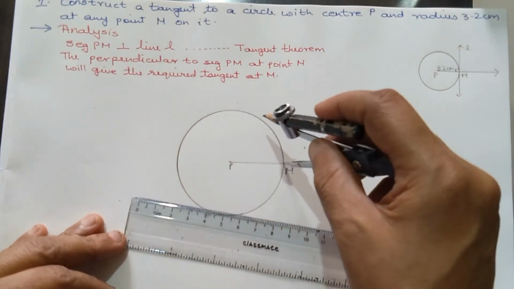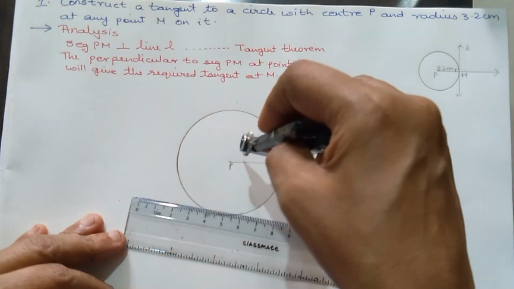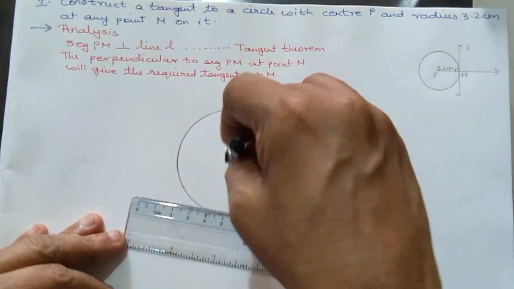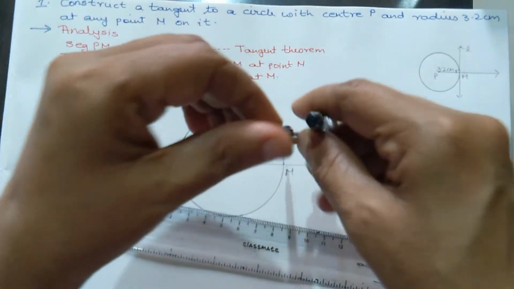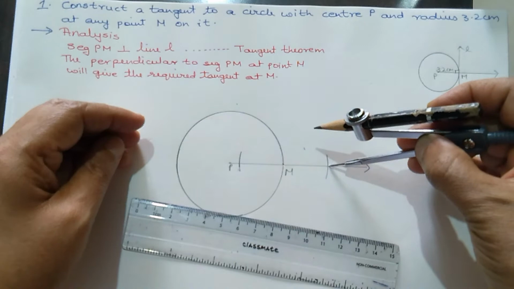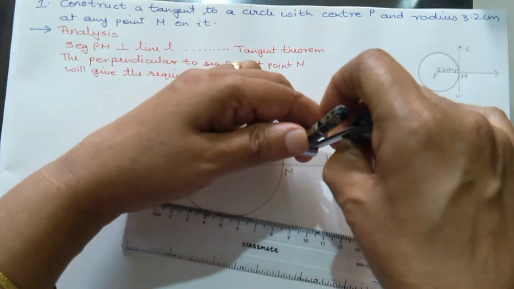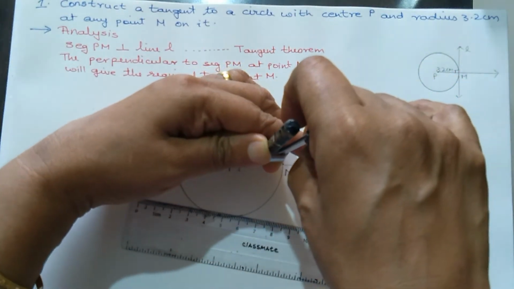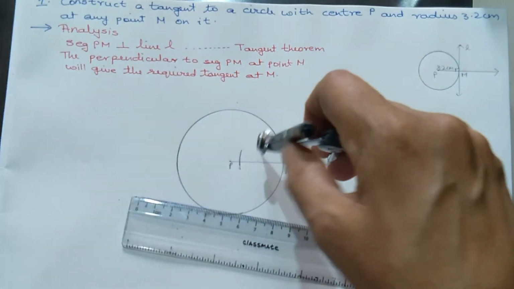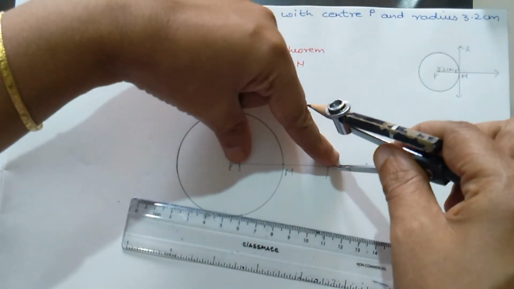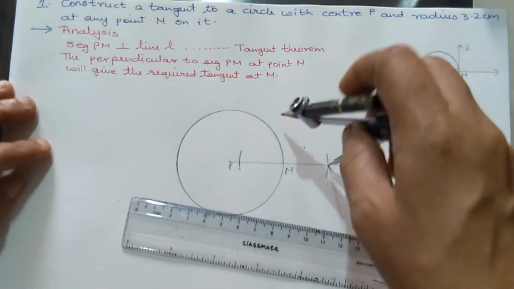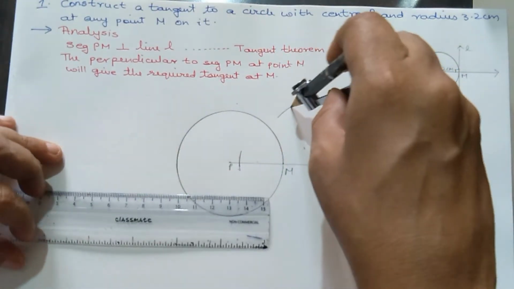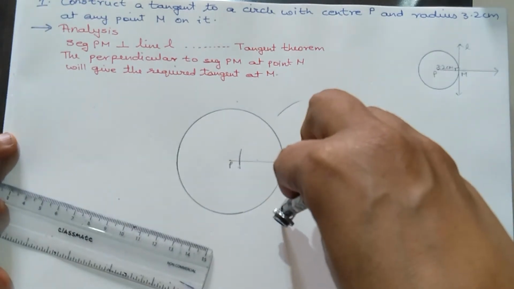So keep it on M and draw two arcs on the left hand side and on the right hand side. Then keep it on the arc which we have drawn and take more than half the measurement of this length between these two arcs, and draw an arc on the top and draw an arc at the bottom.